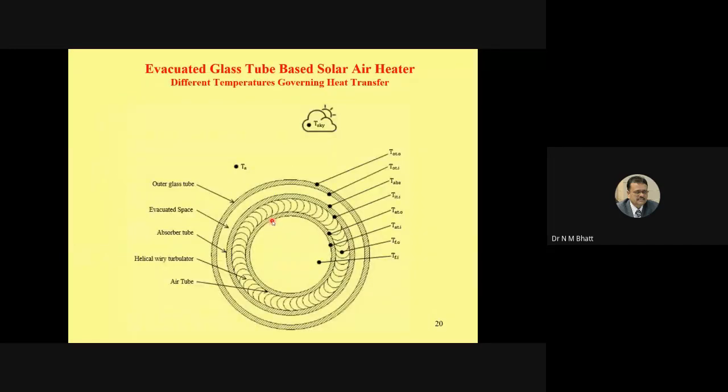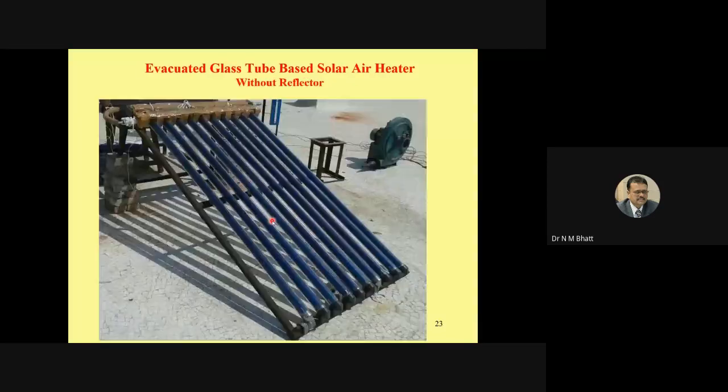This air tube, one end is connected to this header, and the outlet is open to the outlet header. The outlet is connected to the outlet header. So the air coming out from the 10 tubes is collected. So air is inlet, and you know that to maintain the same pressure drop, to maintain the same mass flow rate distribution, the inlet and outlet should be on opposite sides.